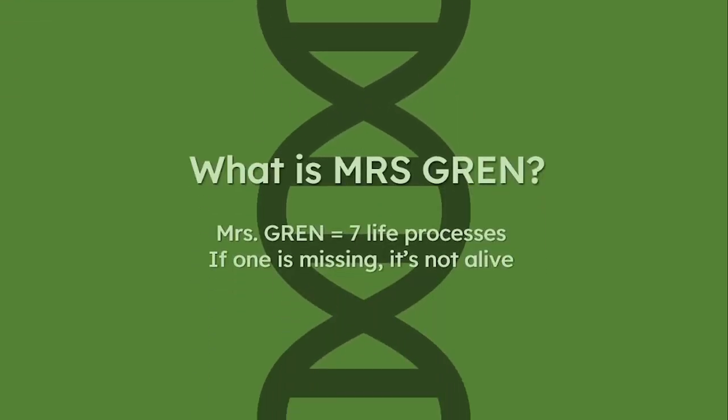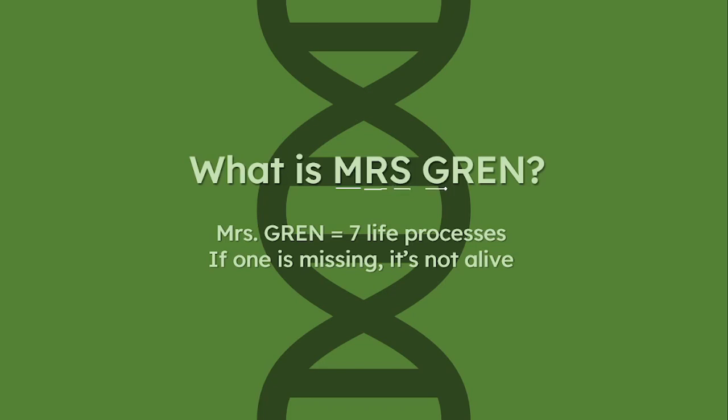Mrs. Gren helps us remember the 7 processes or the 7 key factors that are present in all living things. Well, Mrs. Gren stands for: M over here, it means movement. R over here, it means respiration. S over here, it means sensitivity.